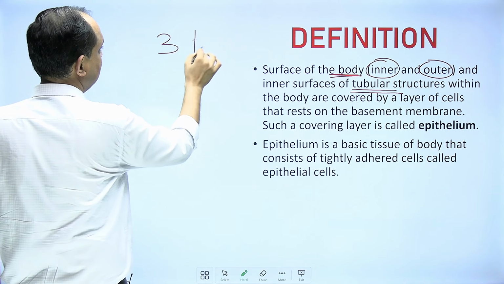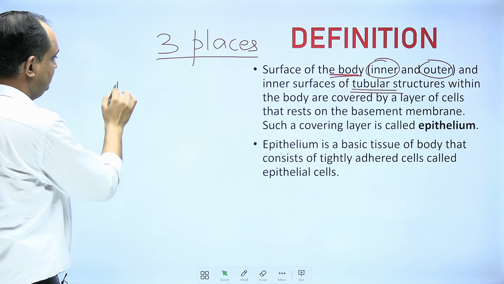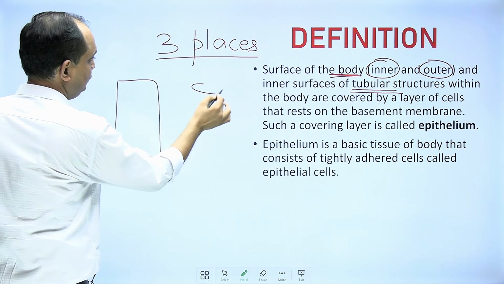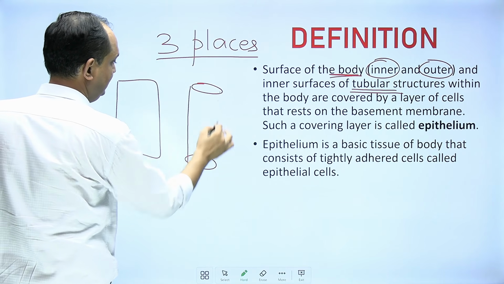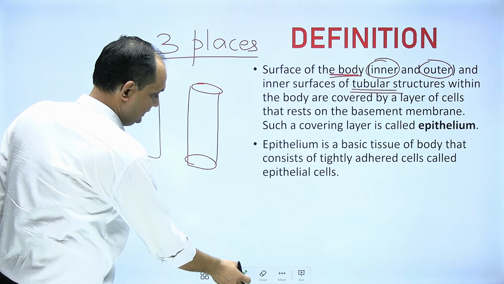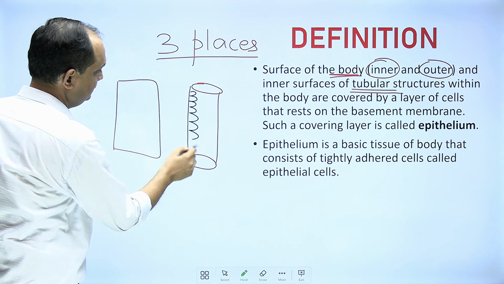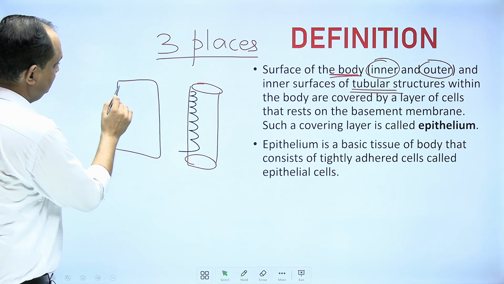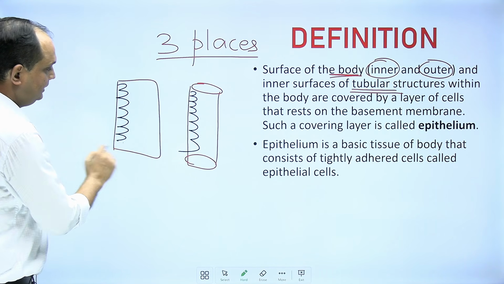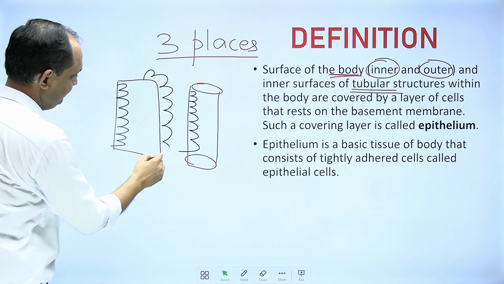This is the basic concept which you should always keep in mind: this is your body and this is a tube inside the body, like your gut tube. Where will you find the epithelium? Epithelium is present on the inner side of this tube, on the inner side of the body, and on the outer side of the body.